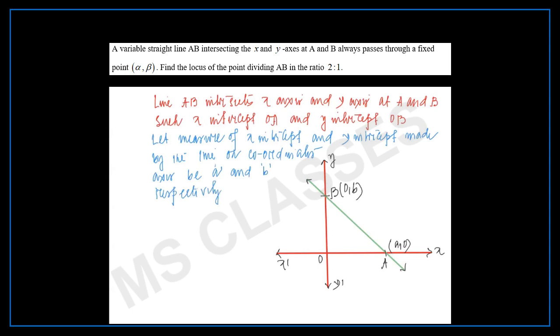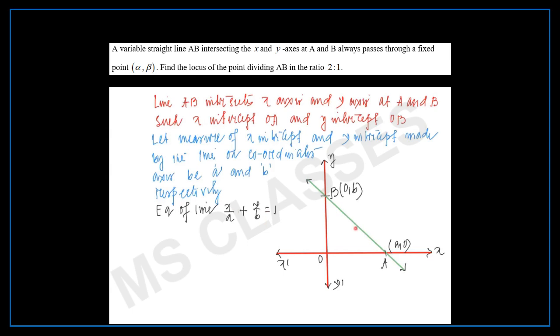Now we can write the equation of the line, which will be x by A plus y by B equal to 1.